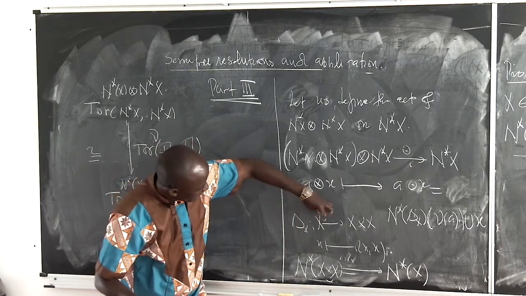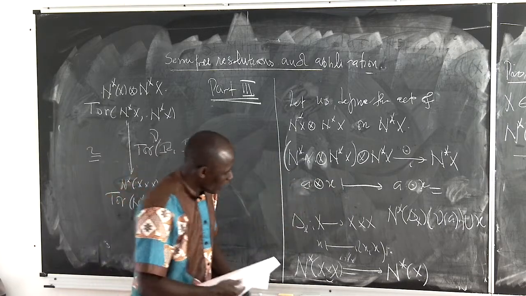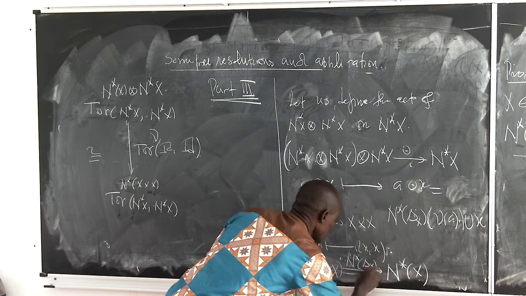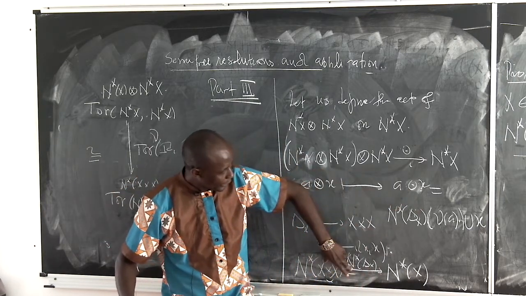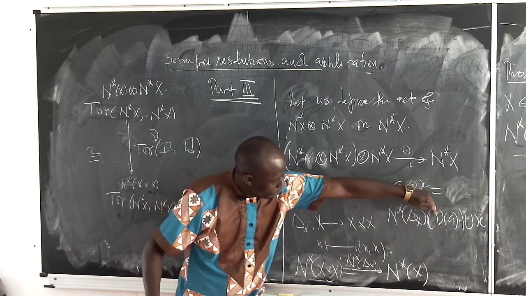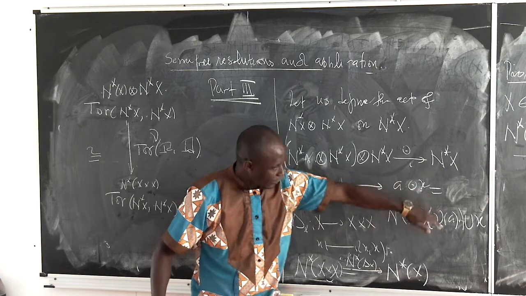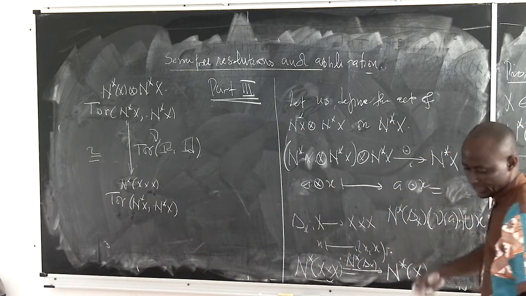That means it transports the domain and the codomain through this map. So what we have here is exactly N of delta X. That's where this comes from. We apply it to this, to the nu, and then we take the cross product with x. This is the first action.